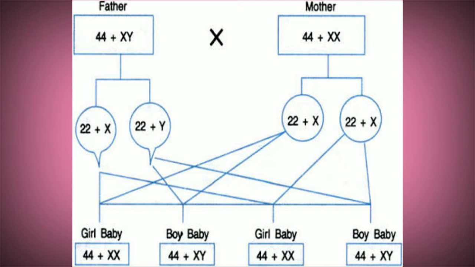So 22 plus Y, and there the zygote becomes 44 plus XY, and here the X chromosome from the female has fused with the Y chromosome, resulting again in XY, and in that case the resultant individual or offspring will be male, or a boy.